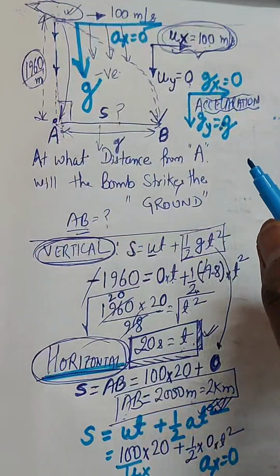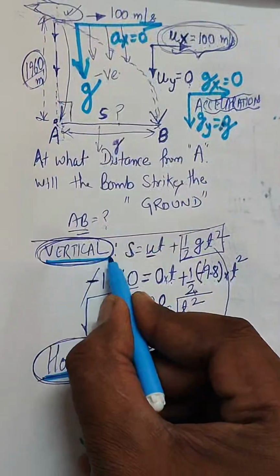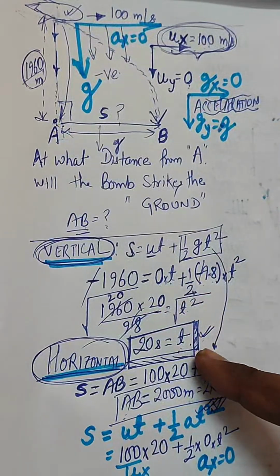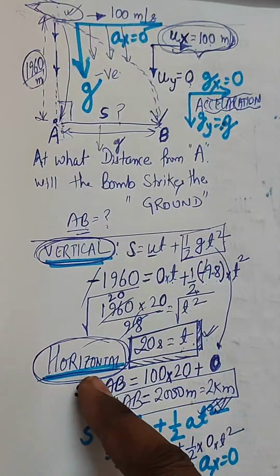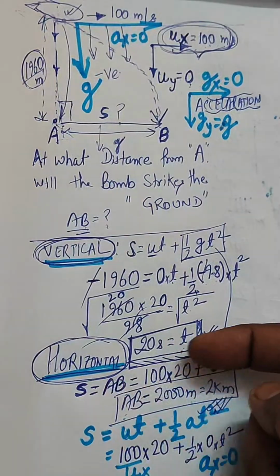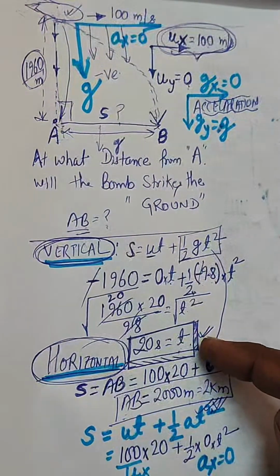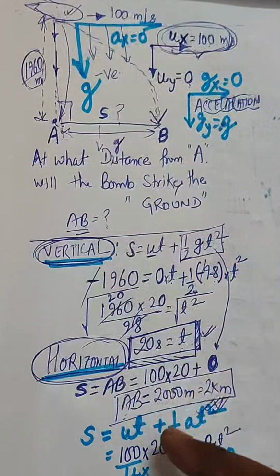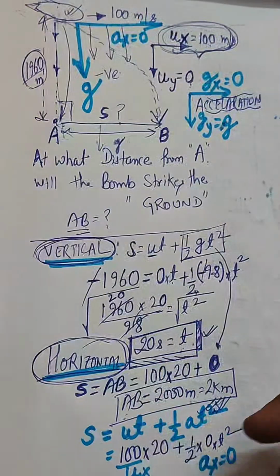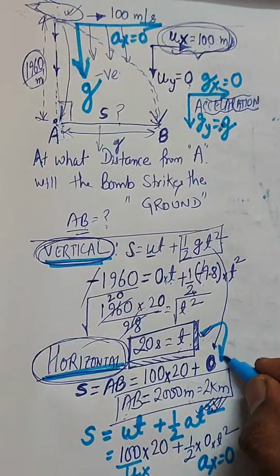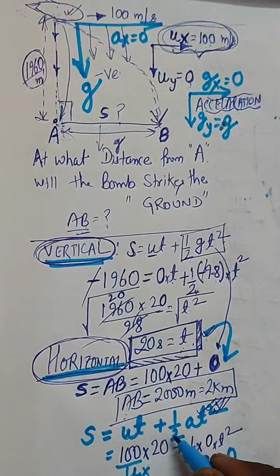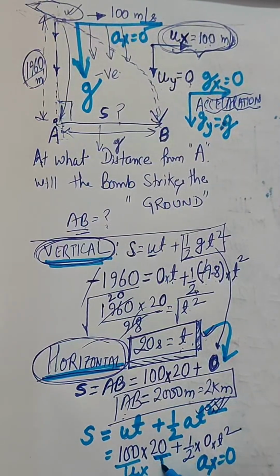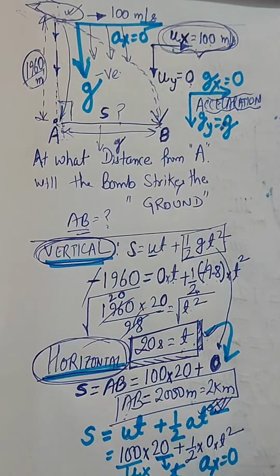We did the thing two times. Once we considered the vertical direction and applied s equal to ut plus half at square, and the second time we used the horizontal direction, and we used the value of time which we evaluated from the vertical direction equation. That t is substituted over here into the formula s equal to ut plus half at square. Here you can see this is t, right?